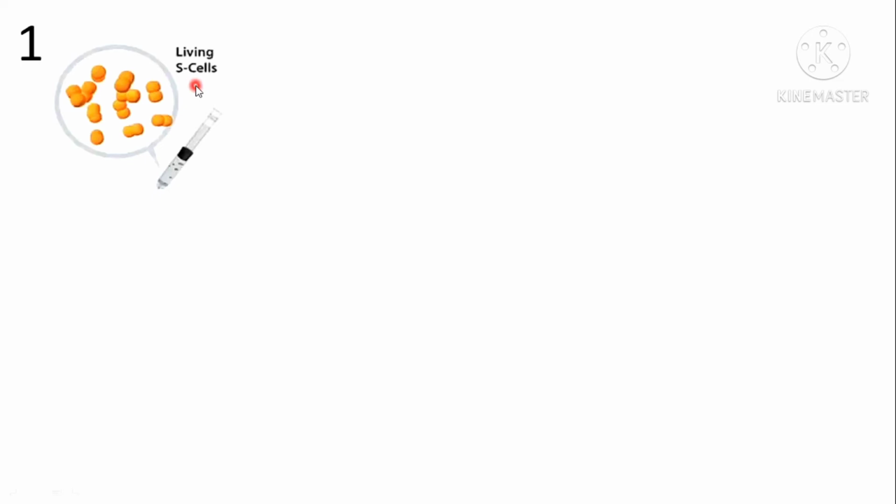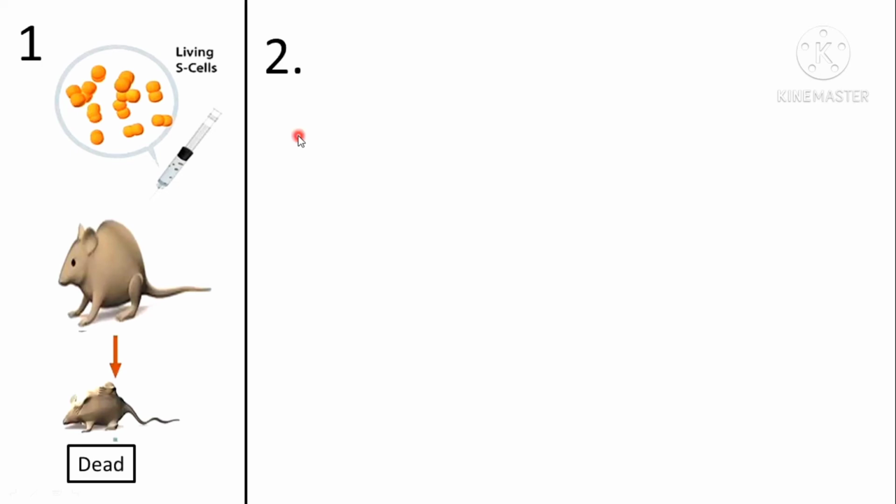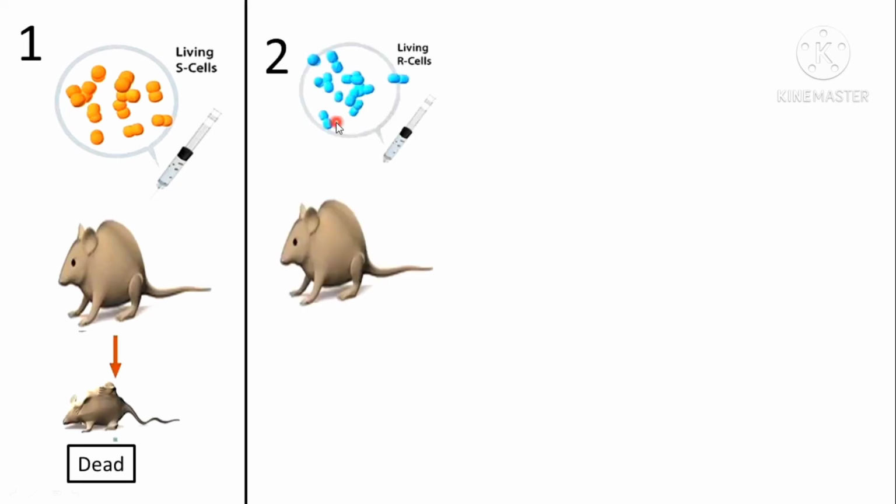In the first step, he took live S3 bacteria and injected it in mice, and he observed that this mice died. Then in the second, he took live R2 bacteria and infected it to mice and observed that the mice was alive.